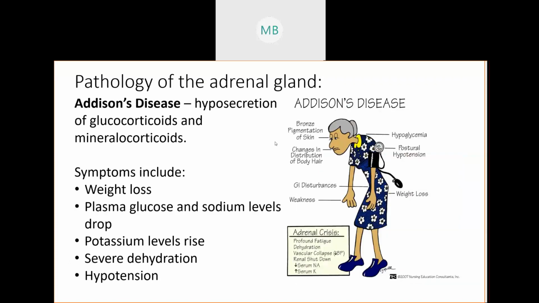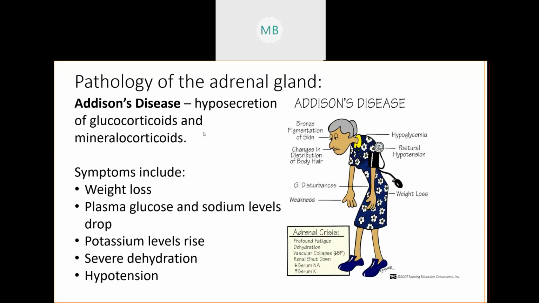On the flip side of things, hyposecretion, meaning you are not secreting enough cortisol, you are lacking in cortisol production, is Addison's disease. Addison's disease means you are not making enough of your glucocorticoids and your mineralocorticoids.